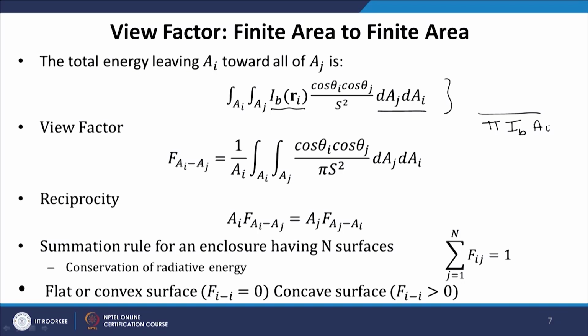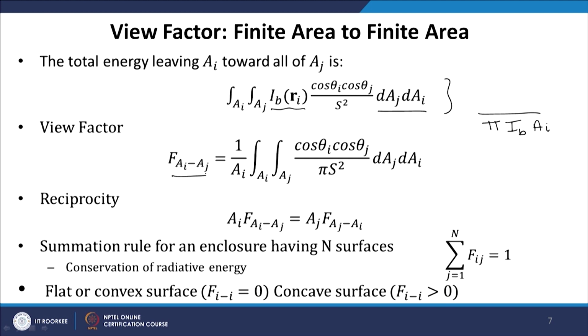So, this total amount of energy, we divide by the total energy emitted by surface Ai in all the solid angles, that is pi times Ib times Ai. So, this is the total amount of energy emitted by surface Ai over all the solid angles. We divide the total energy reaching surface Aj by this quantity, and we get the definition of the view factor F Ai-Aj.